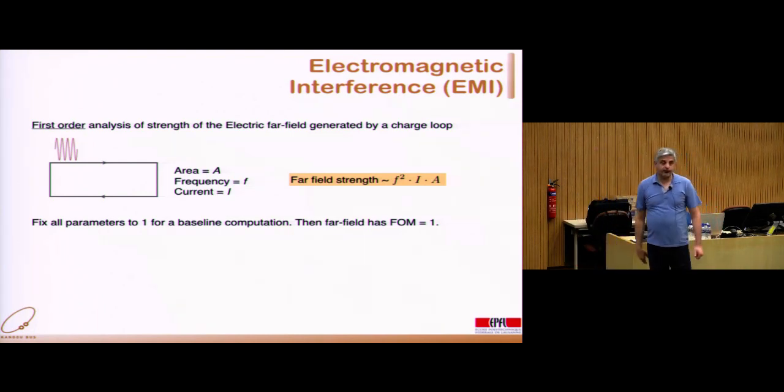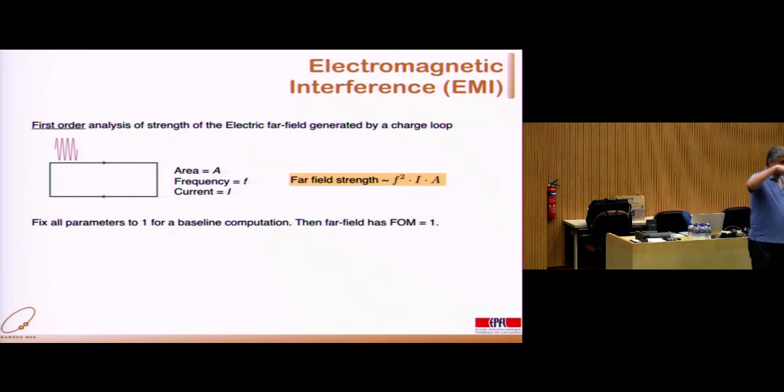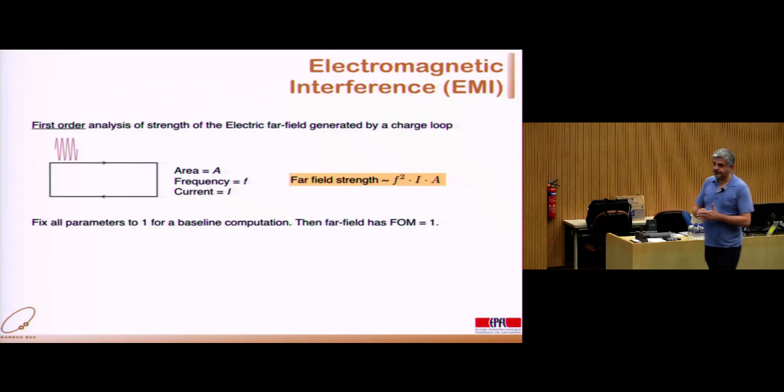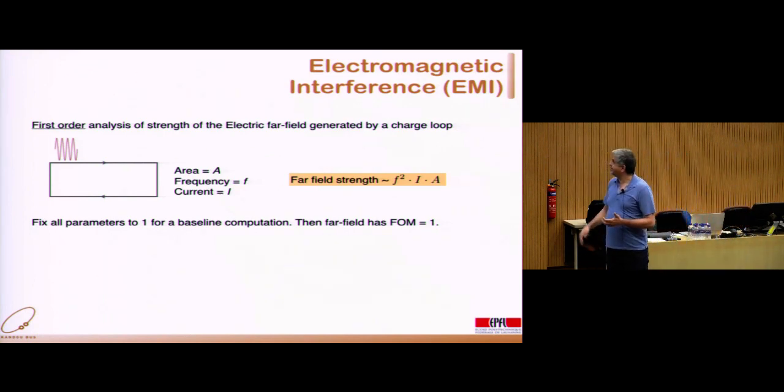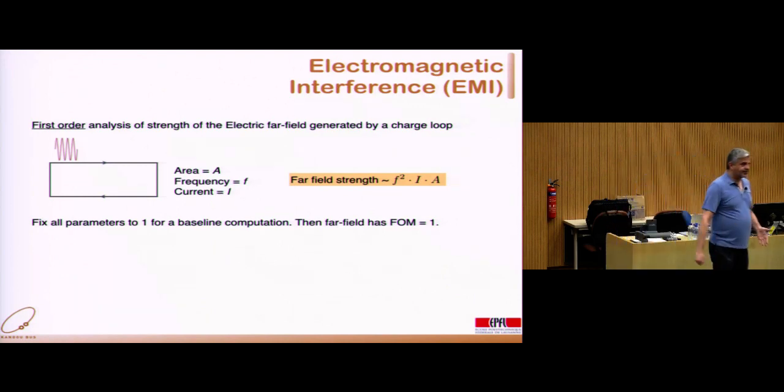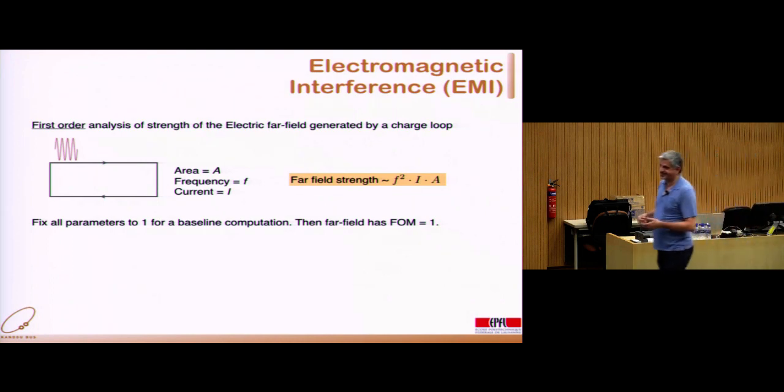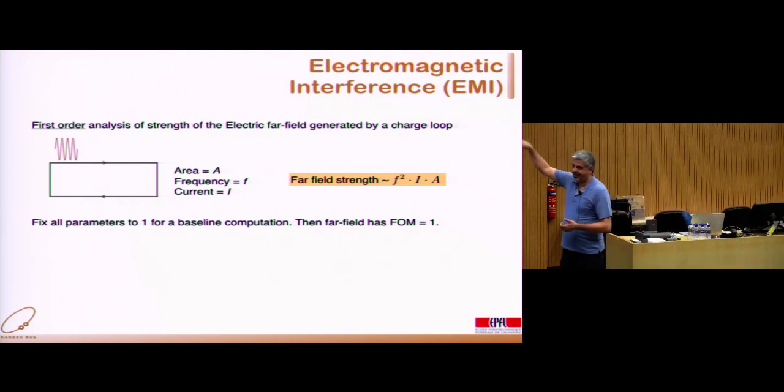And the strength of that far field is proportional to the square of the frequency times the I. Now, this I is different from the other I. This is the charge, or you see, I'm not sure of the current exactly. I'm not an electrical engineer. Times the area of that rectangle.